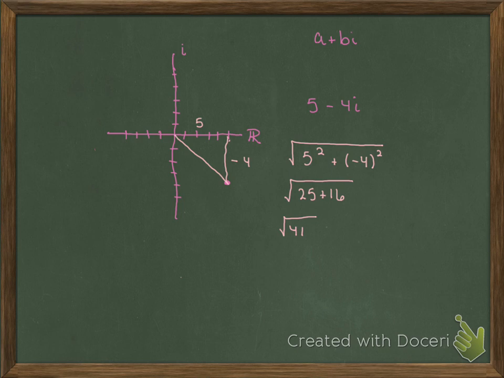So because that does not simplify, we have the modulus, or the magnitude of that vector, that complex vector, is the square root of 41. Okay, so that's how you graph it, and then how you find the length. So let's look at another one.